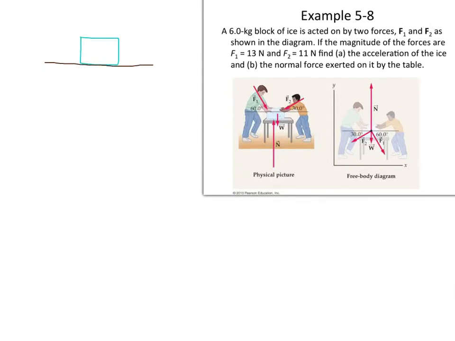It's got a couple different forces acting on it, doesn't it? It's got this really high force 1, and that is 60 degrees from the horizontal. And force 2 is a little more shallow.